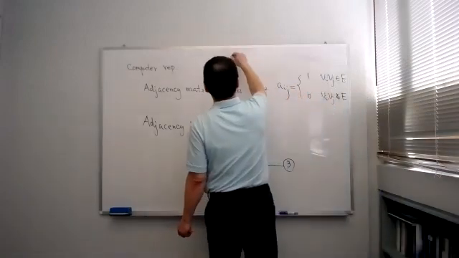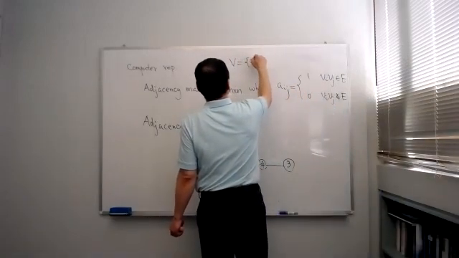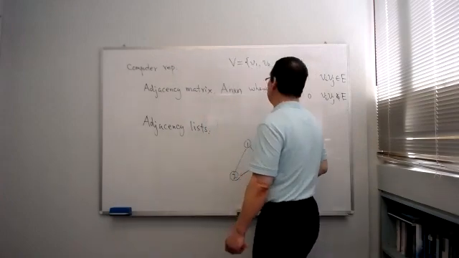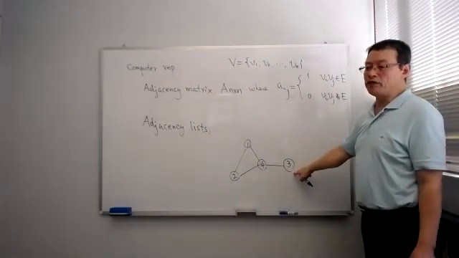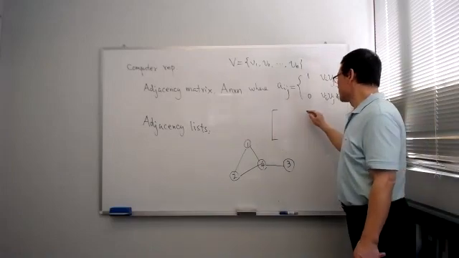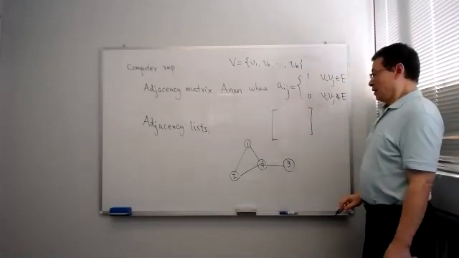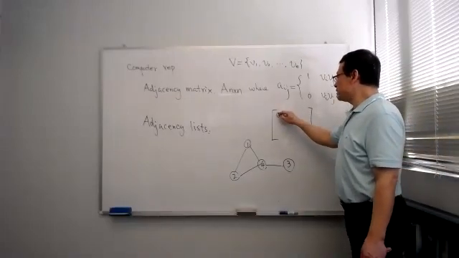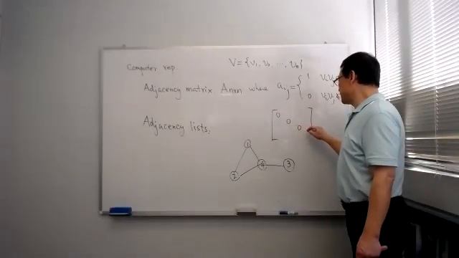So we have the vertex set. We assume it's B1, B2, B3, B4. For this graph, it will be a 4 by 4 matrix. It's symmetric. Here the diagonal, because there are no loops, will be all 0.